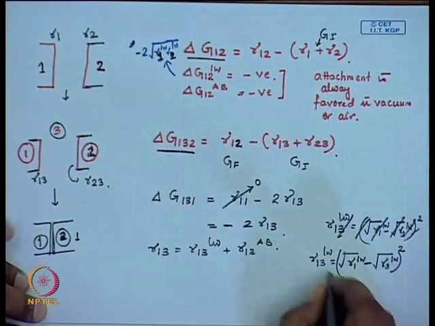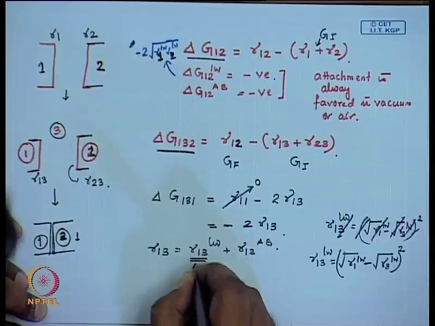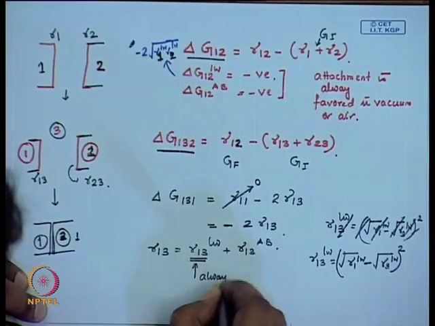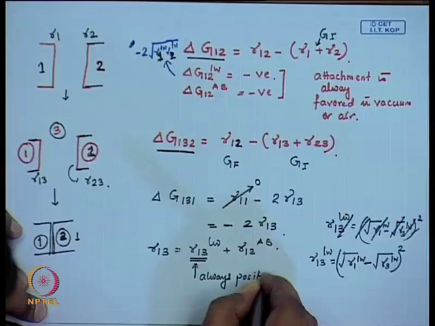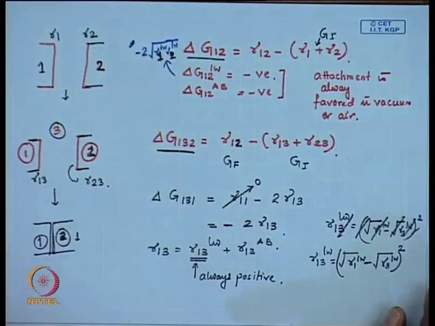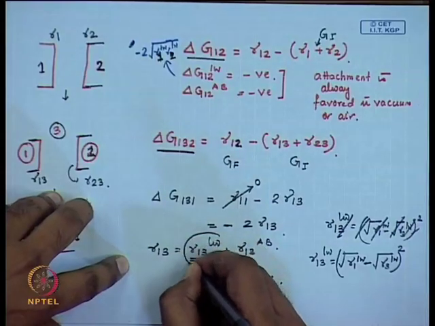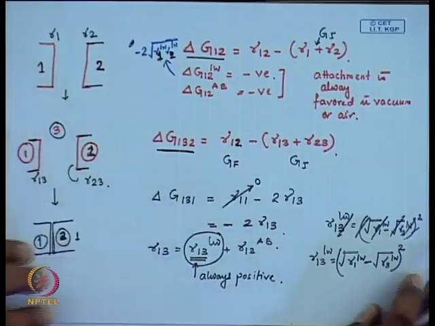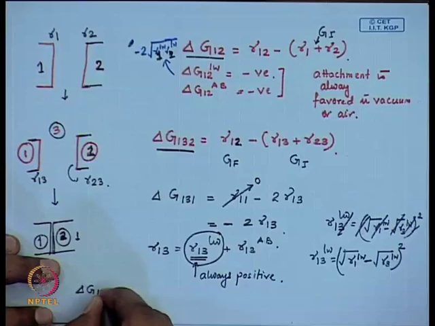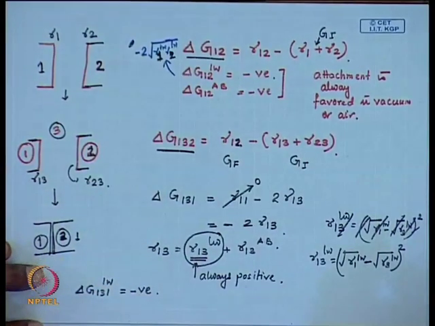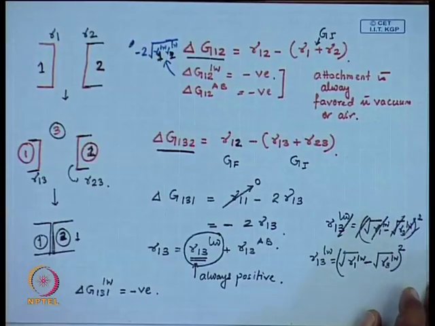So, this is always positive. What does it mean? If it is always positive, the van der Waals component of delta G131, delta G131 LW, will always be negative. In other words, based on only the van der Waals part of the interaction, two surfaces will still prefer to attach to each other even in a liquid medium.